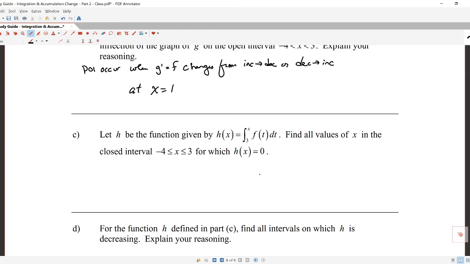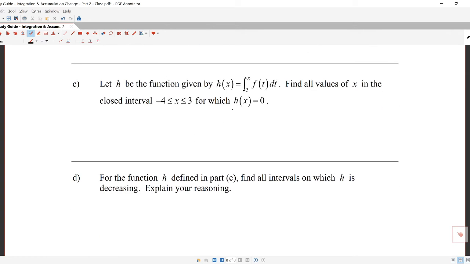But anyway, let h be the function given by h of x equals the integral from 3 to x of f of t. Find all values of x in the closed interval for which h of x is 0. So again, what we're looking for is when is the area between 3 and anything equal to 0?